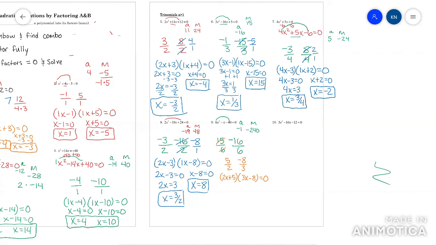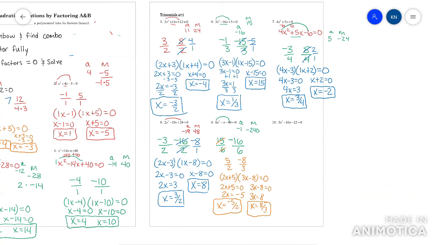Set each factor equal to 0 and solve. It's okay to get weird fractions for your answers on these.